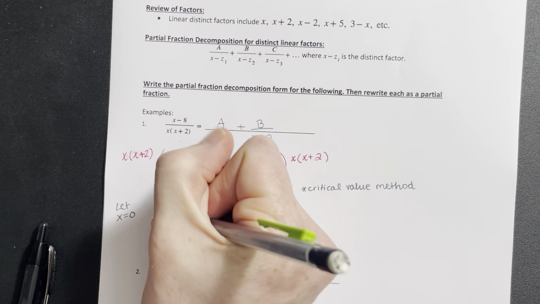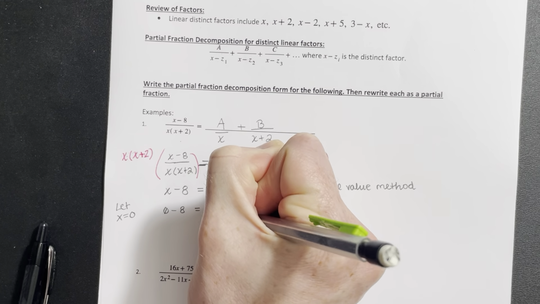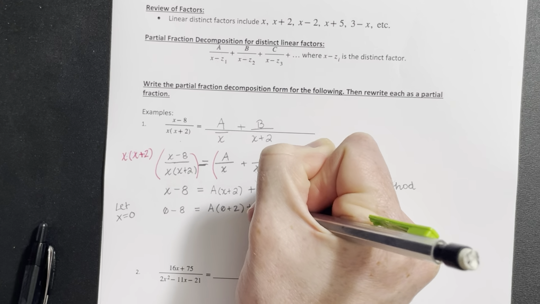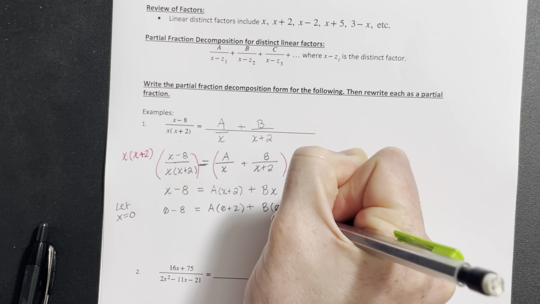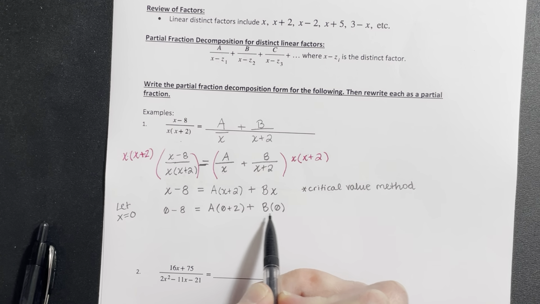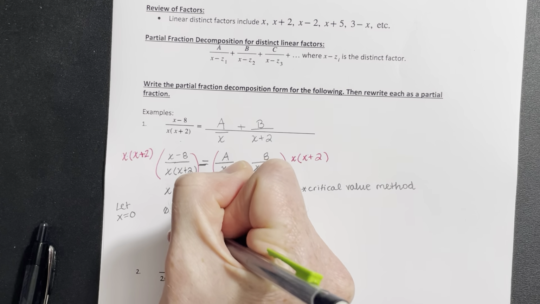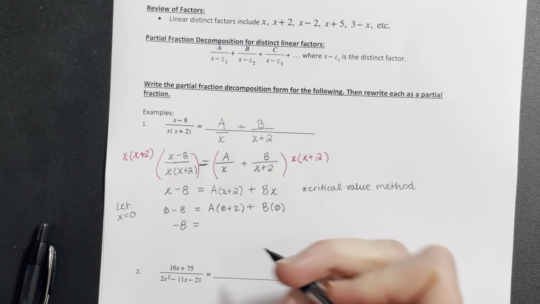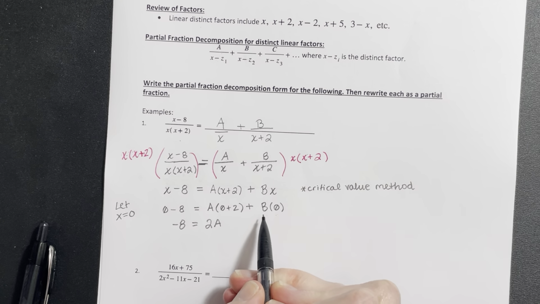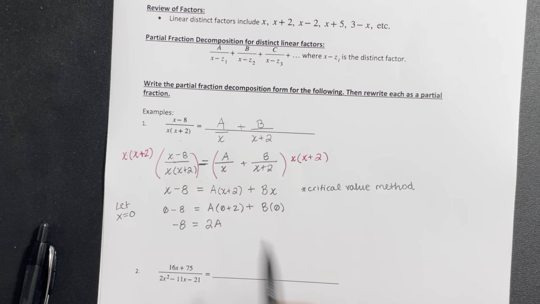If x is 0, then that would say 0 minus 8 equals a times 0 plus 2 plus b times 0. By letting x equal 0, I have b times 0, which is just 0. And now I have an equation that is only negative 8 equals 2a. Because b times 0 was 0, we're adding 0, but that doesn't change 2a.